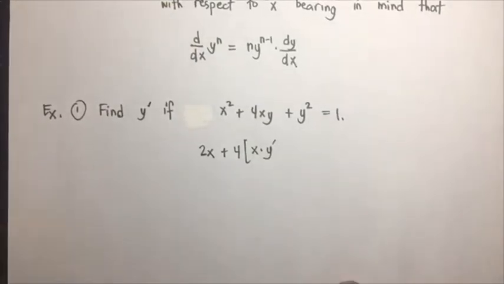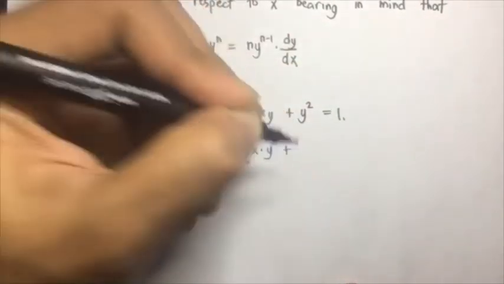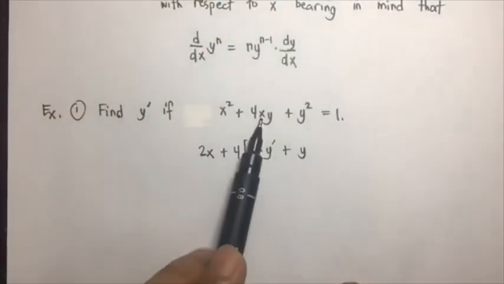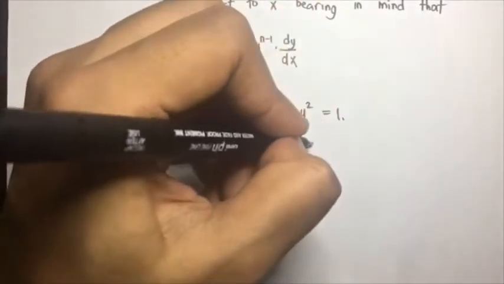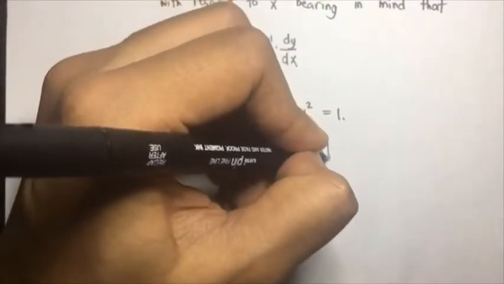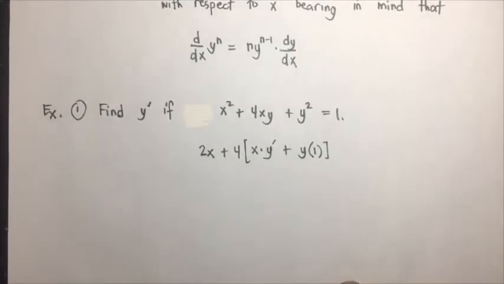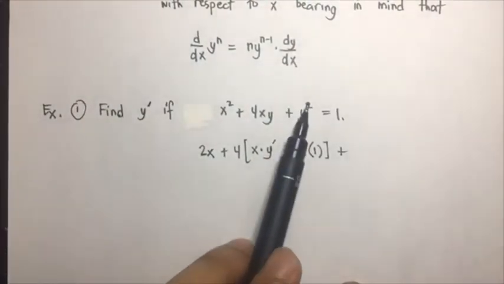Okay? Plus the second term y multiplied by the derivative of the first factor, x with respect to x. So derivative of x with respect to x, that is 1. Okay? Plus the derivative of y squared with respect to x.